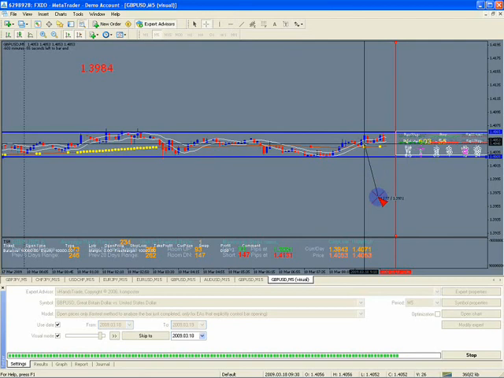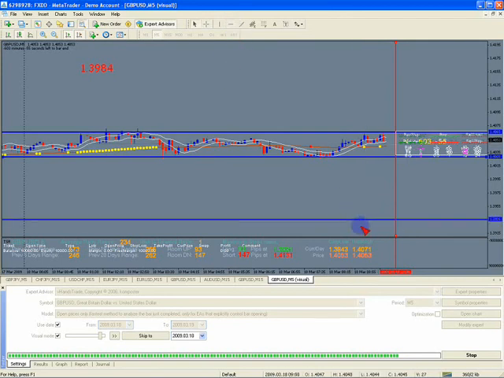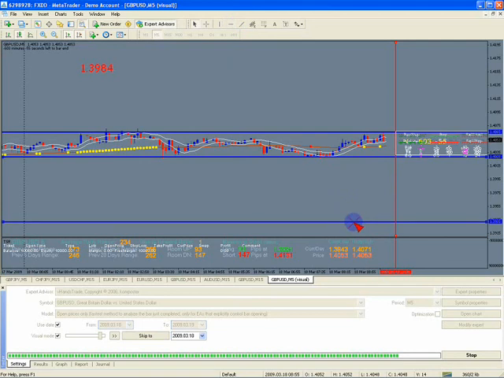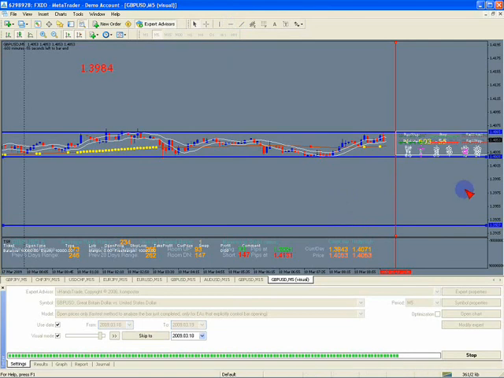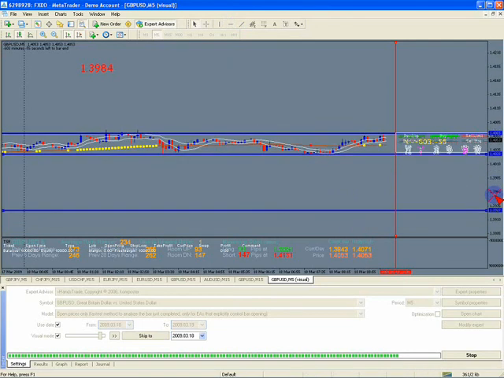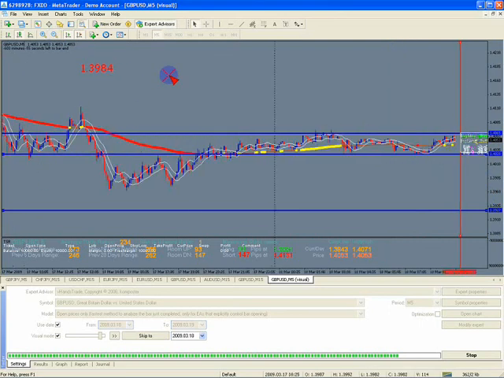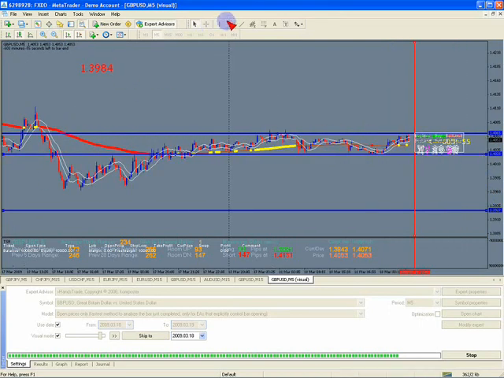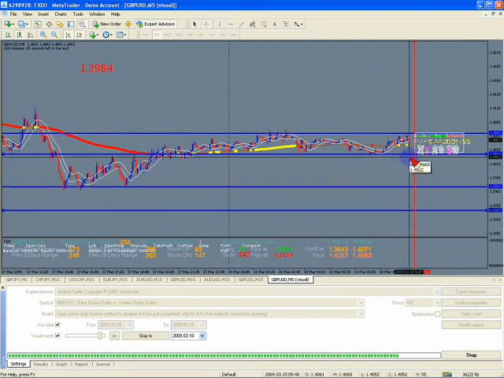Half of 240 is 120, which is around there, 39.27. Let's bring it down a bit. Okay, that's around there. And then obviously if it broke up, you do the same exercise that way. Now I just want to have a look at the other areas of support. There's another area of support, so that would be your first area. If it broke through here, that would be the next area you head for.